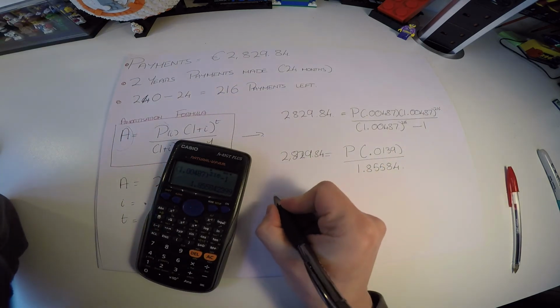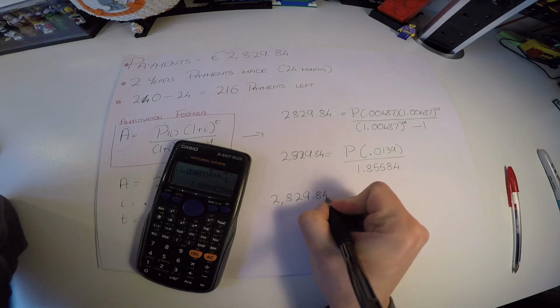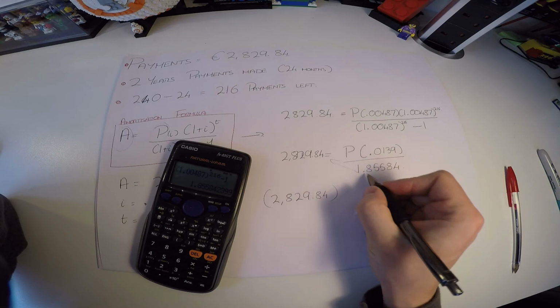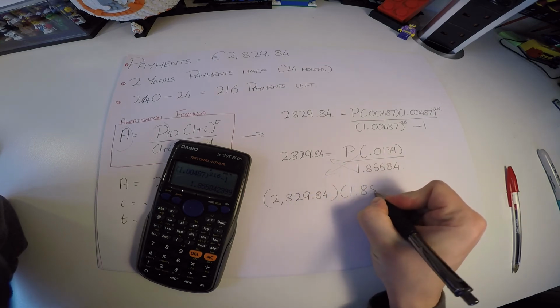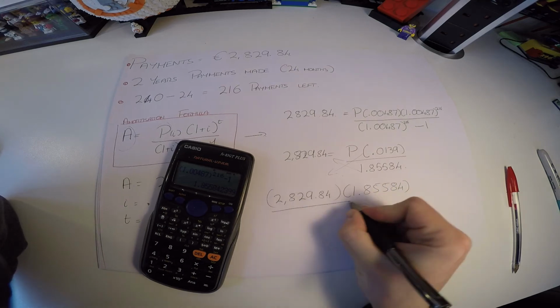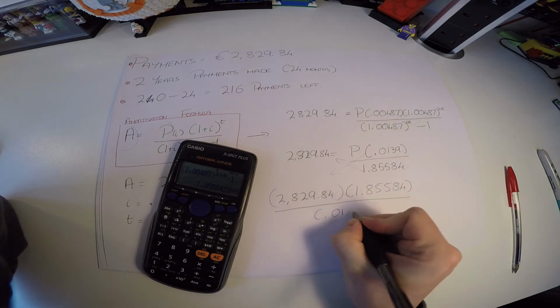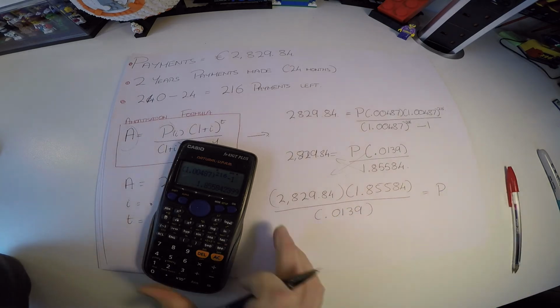Now when I look at this, a small bit of rearrangement will tell me that I have on the left hand side now 2829.84. This guy is going to come up beside him, and this guy is going to go down underneath. So it's 1.85584 all over that 0.0139. That's all equal to my P, which I'm looking for.